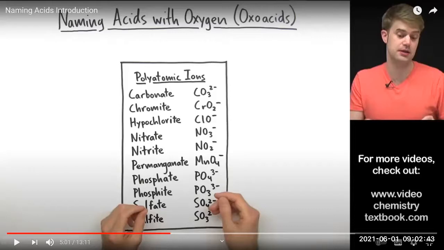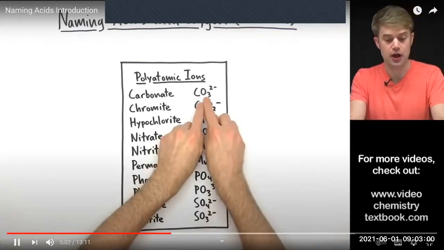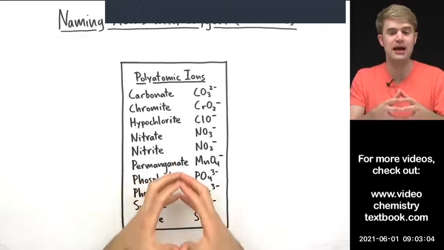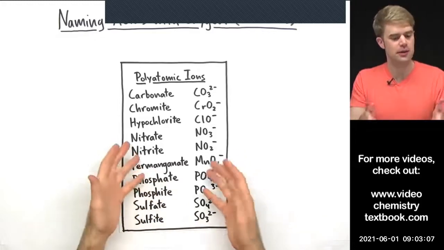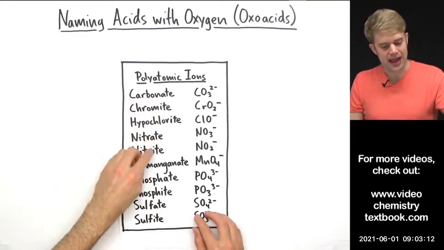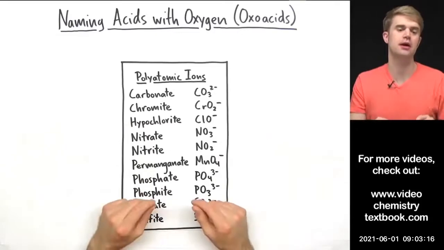And for this one, you're going to need polyatomic ions, but only those polyatomic ions that have oxygen, like the list that he is showing you right there. That have oxygen combined with other elements, and that group of elements together has a charge. These polyatomic ions end in ATE and ITE, ate and ite. And these endings are what we're going to be looking at when we name acids that contain these polyatomic ions.